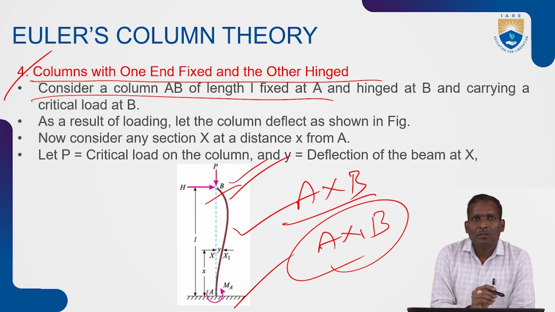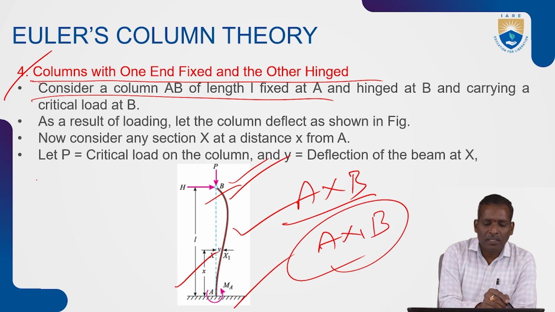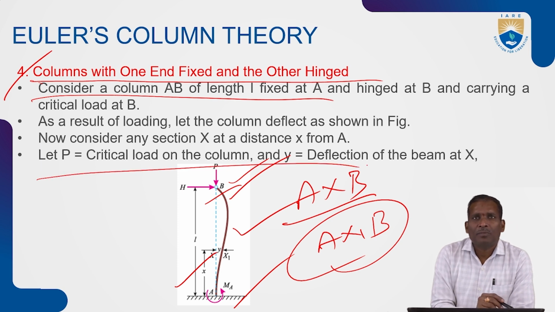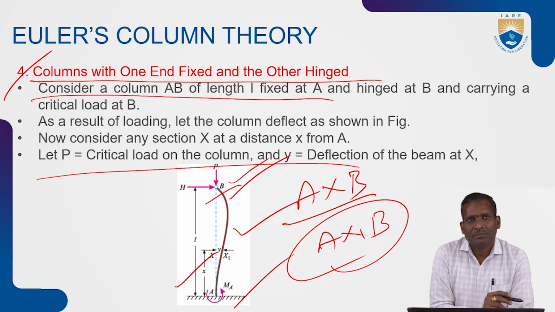Now consider any section at a small distance x from A. It's already shown in this diagram. Let P be the critical load of the column and y the deflection of the beam at x.